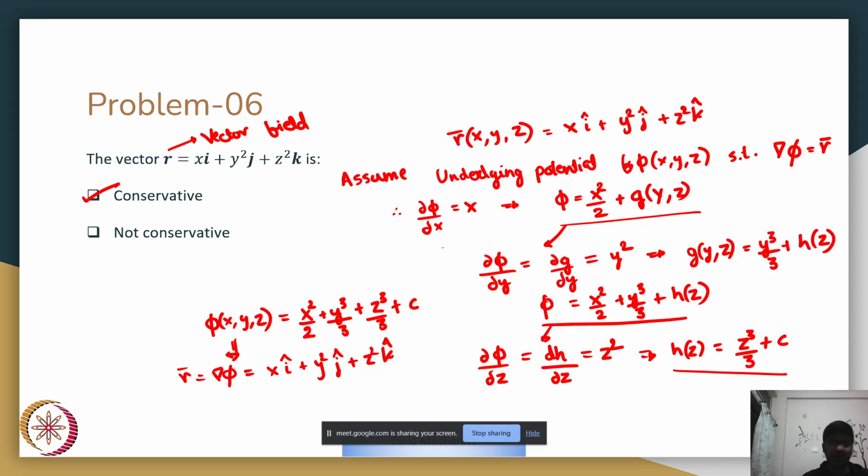Apart from this method, are there any other tests or methods using which we can determine if R is indeed a conservative vector field? Okay.